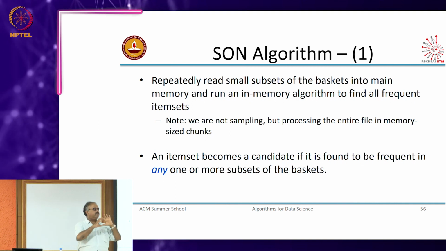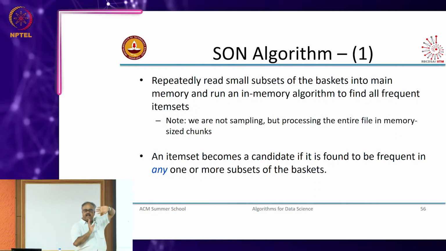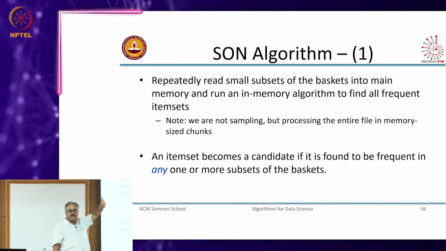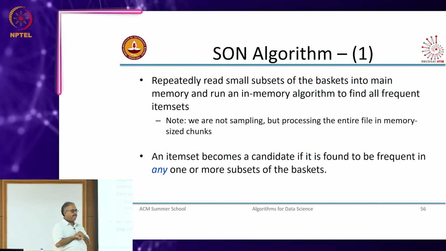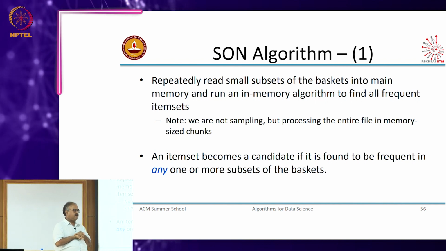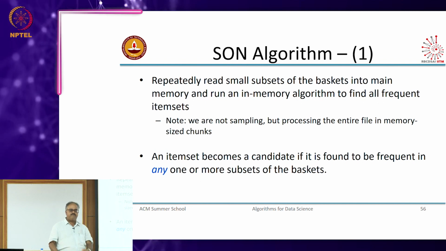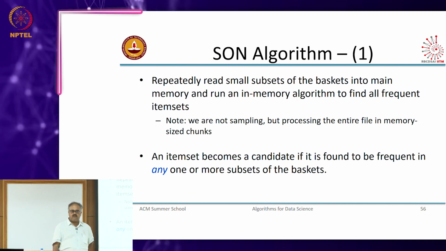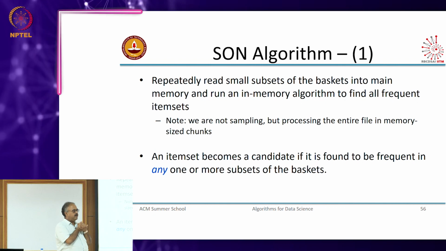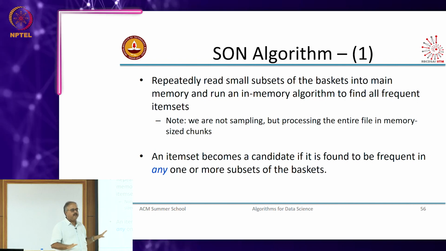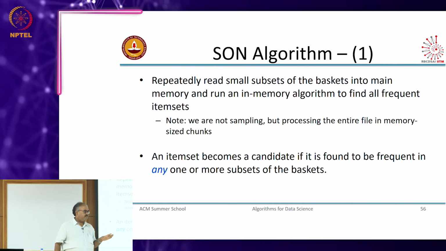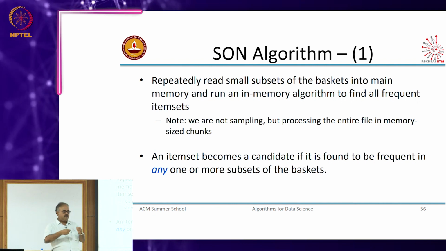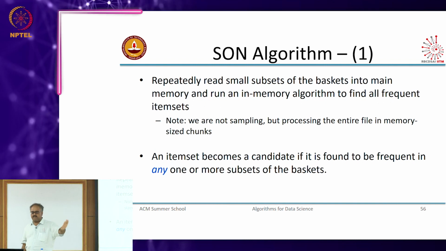Instead of sampling some random subset and running a priori on it, it samples a huge chunk in memory, however large a chunk will fit in memory, so that you still have space to maintain your counts. You sample a chunk into memory, run your a priori on it, get the counts, then remember which are all the frequent things, and keep it aside.